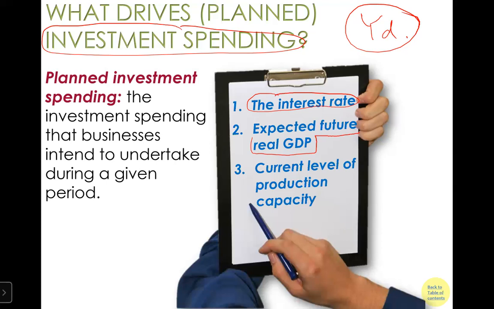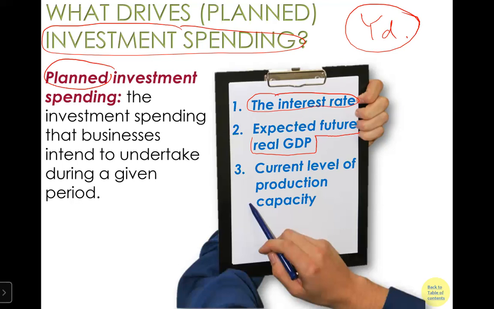But here we want to differentiate between planned and unplanned investment spending. So what is planned? Planned investment spending is investment spending that businesses intend to undertake during a given period. It's your expectation, what you have planned.